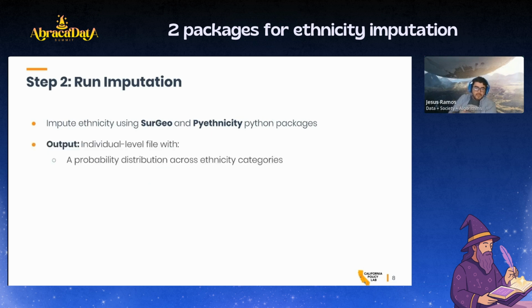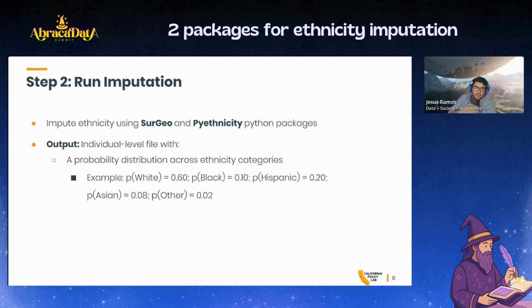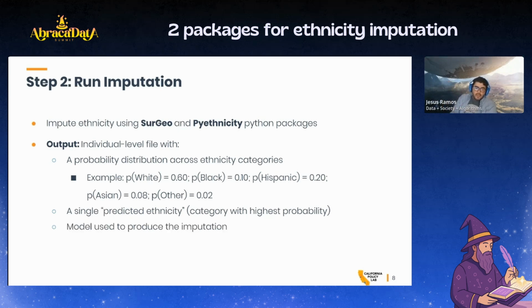What is the output? The output is again a probability vector across ethnicity categories, as I showed you, and we further process the output to pinpoint a single predicted ethnicity, meaning from the probability vector, we pick the highest one, and we consider that as the predicted ethnicity.